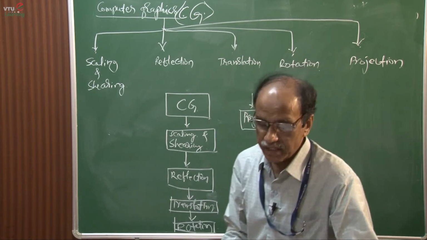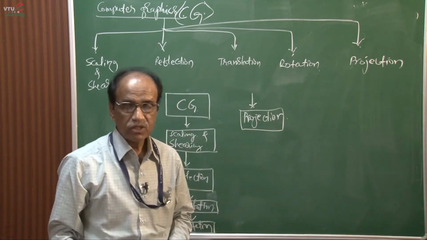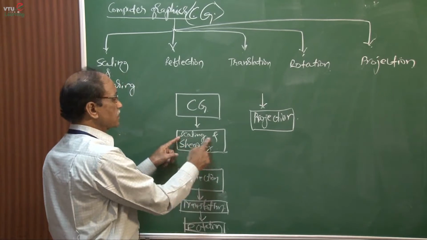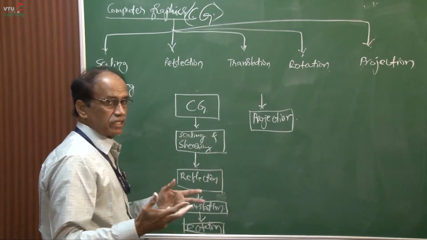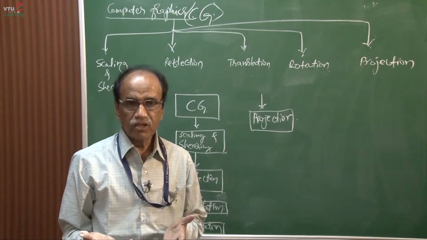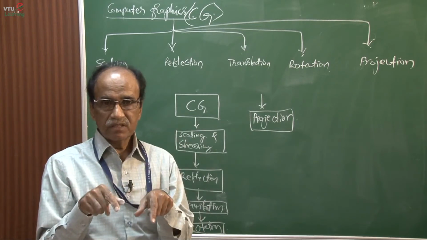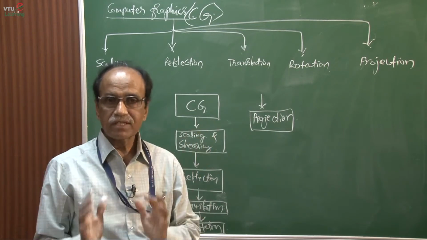That means every graph or every image captured by the camera will first of all undergo scaling and shearing. Whatever the figure you scan, you will have to crop it according to the required size.